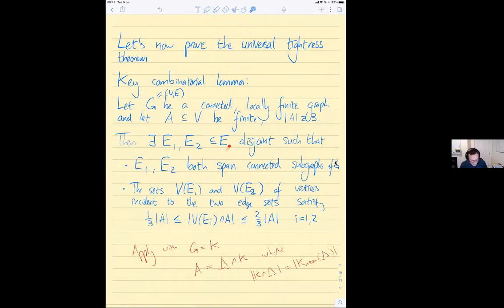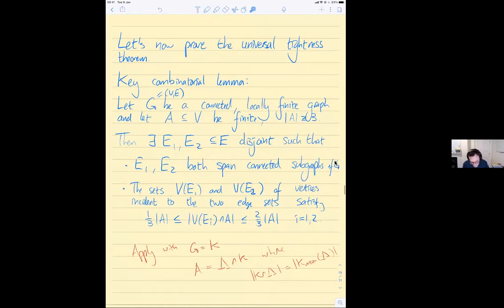If I take the subgraph that has exactly those edges and only the vertices incident to those edges, I get something connected, and the sets of vertices incident to E1 and E2 both intersect A in a moderate amount: between 1/3 and 2/3 of the total volume of A.